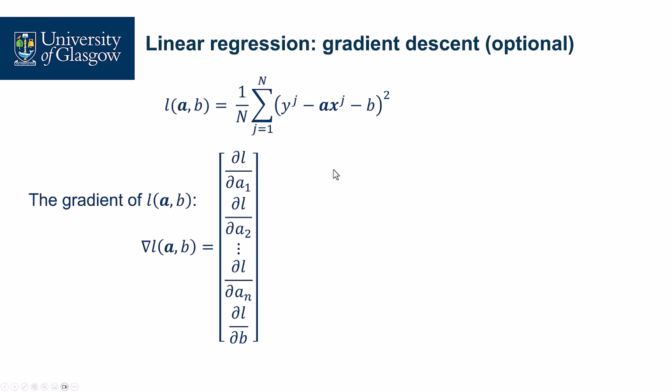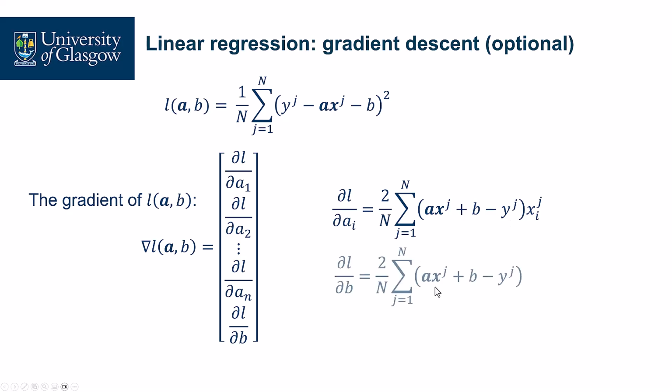If we use our calculus knowledge, we can get the partial derivatives in analytical form. We can see it's like this. If we look at this equation, the j follows the samples, and this i, the a_i and x_i, are the dimensions, so a1 to an, x1 to xn.